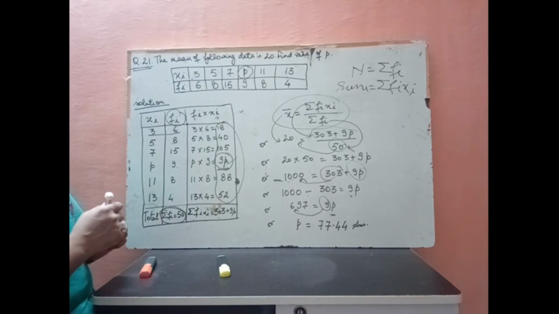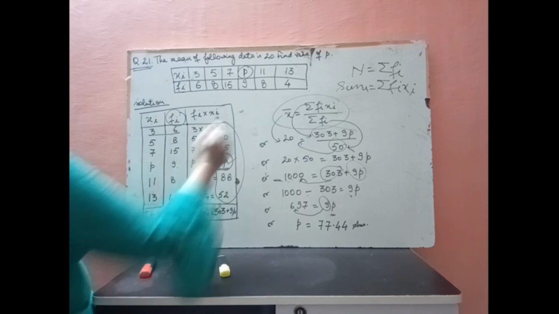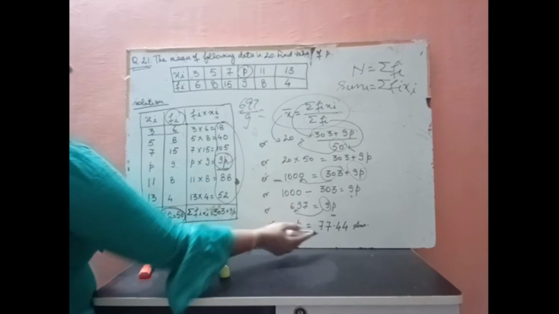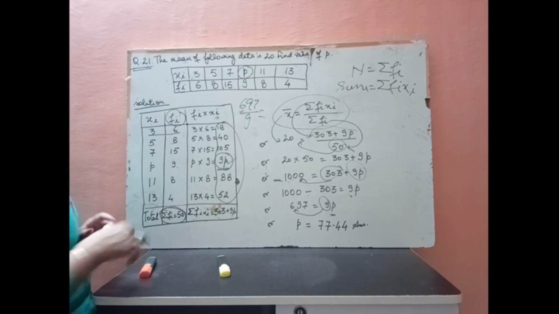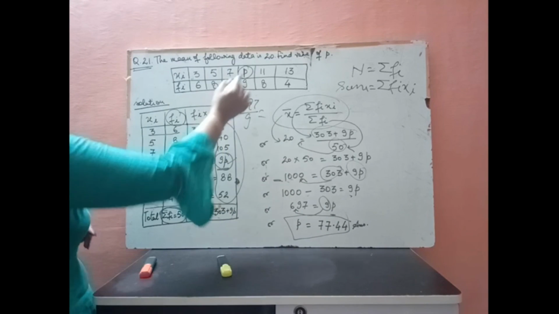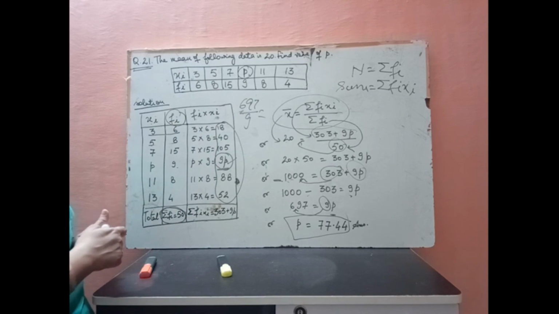So P is equal to 697 by 9. When we solve 697 by 9, we get 77.44. So from here we have got the value of P. In place of this P, we should have 77.44.